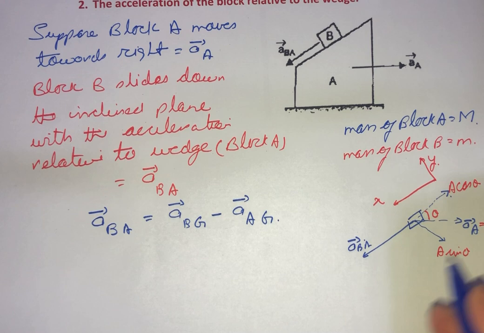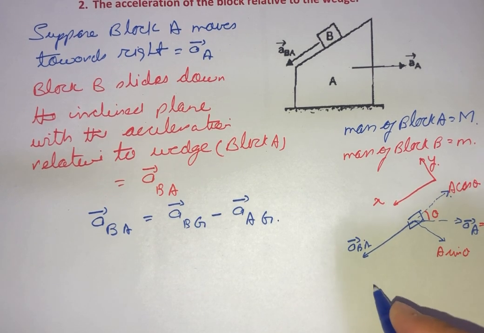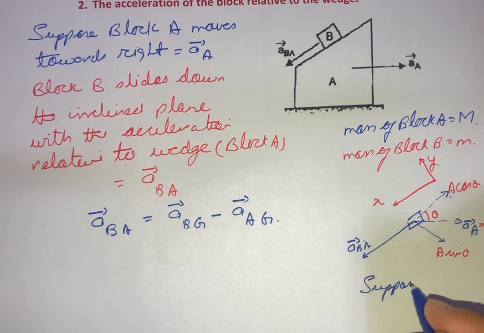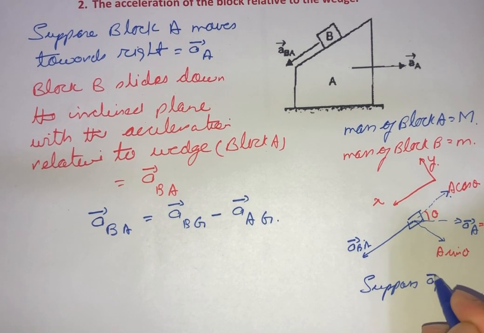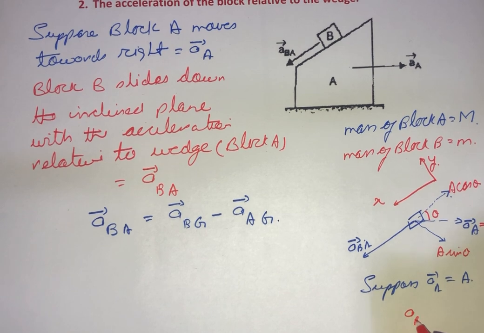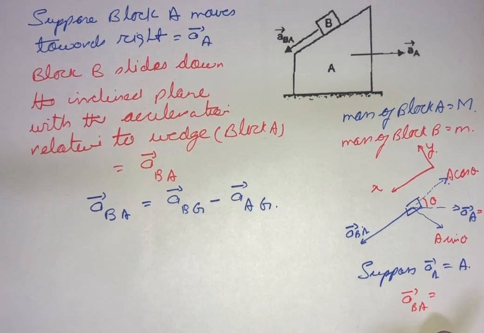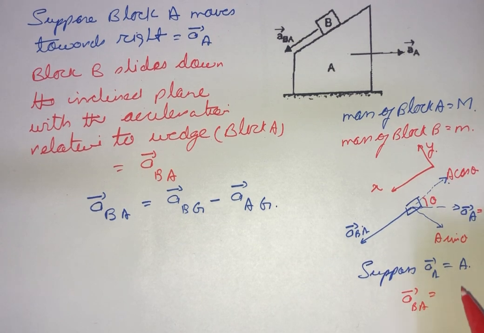So in this case we suppose the expression of A is now represented by capital A, and the relative expression A_BA is represented by only small a.